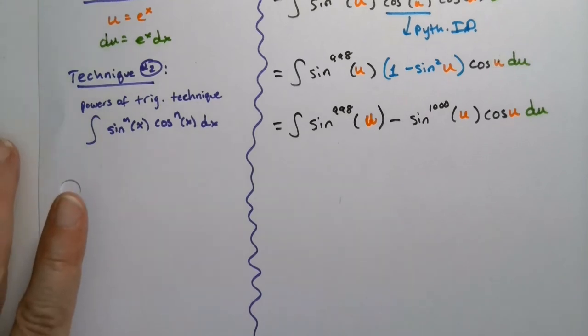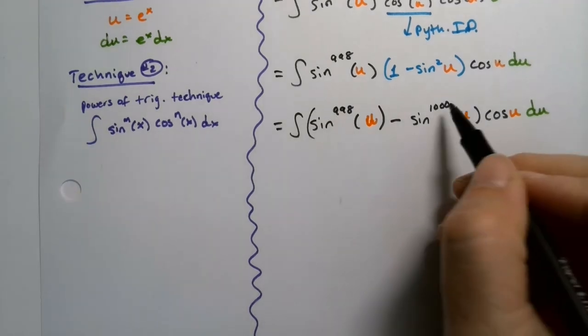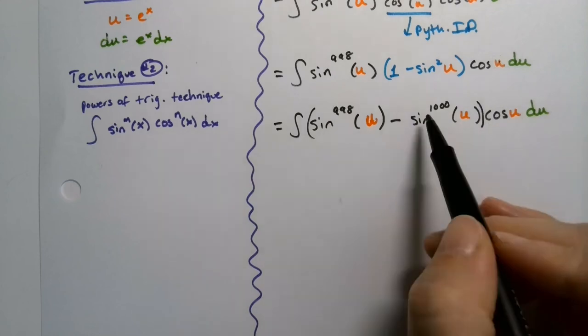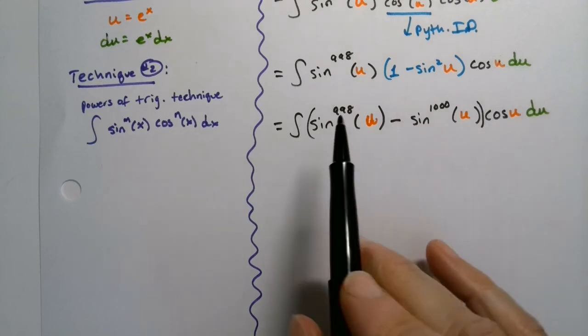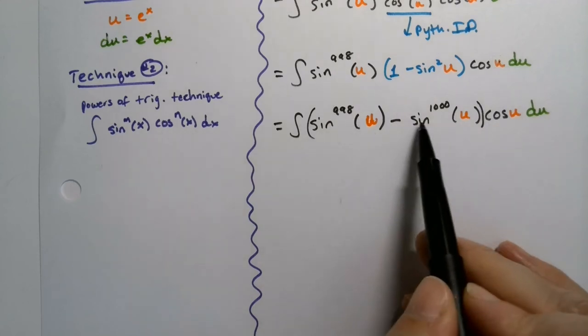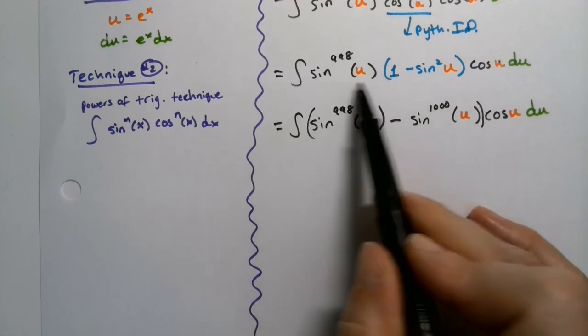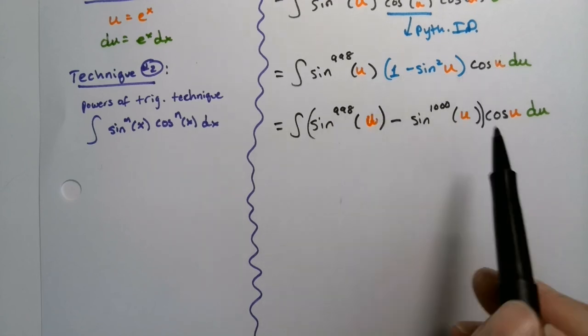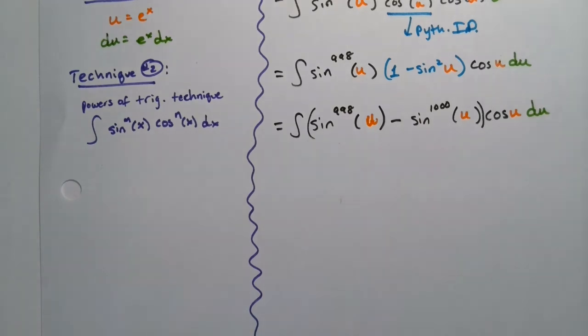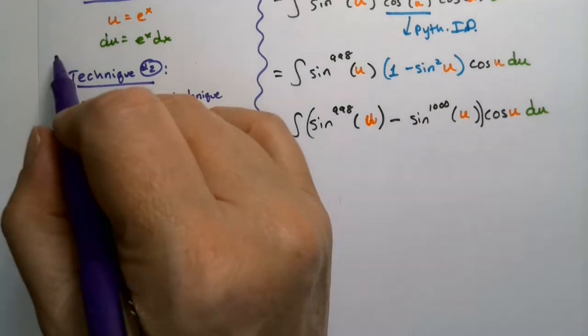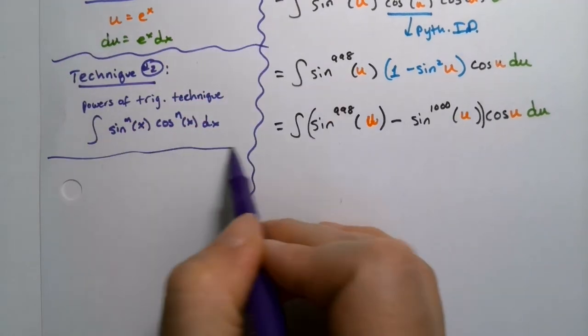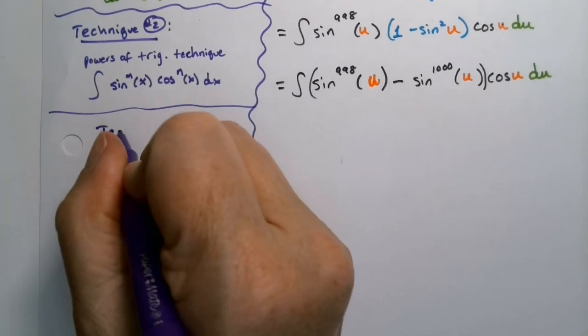Okay, so how in the world has this helped me? This was all in here, so it was sine to the 998 minus sine to the 1000 all in one parentheses, because we distributed that, but we didn't distribute the cosine. The reason I didn't distribute the cosine is because that's my next u substitution.